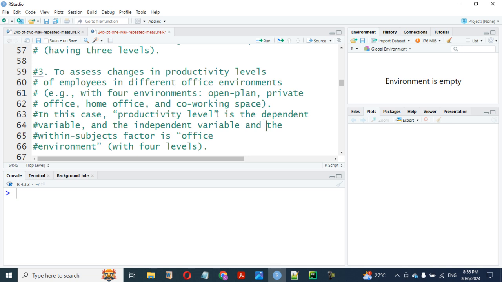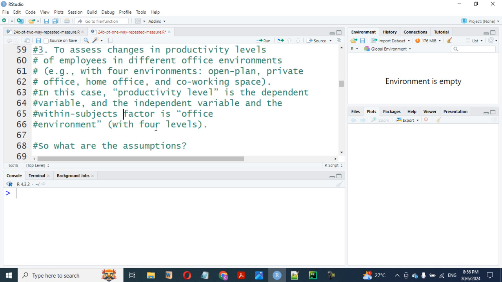Let's say the productivity level is the dependent variable, and the independent variable and the within-subject factor is office environment. That is just what I'm trying to explain here. So that is our independent variable, and at the same time it's our within-subject factor. We call it 4 levels, all right?